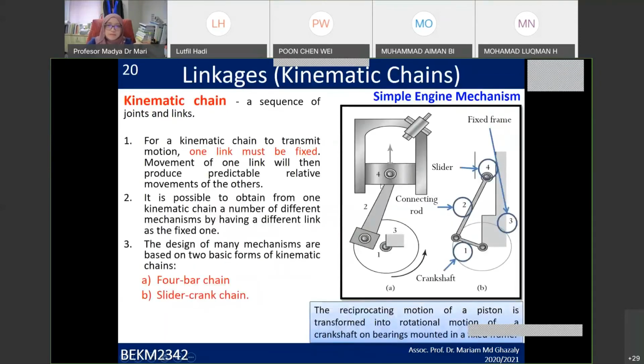Okay, so this one is the front view, and this one is the side view. If you see here, which one is fixed?